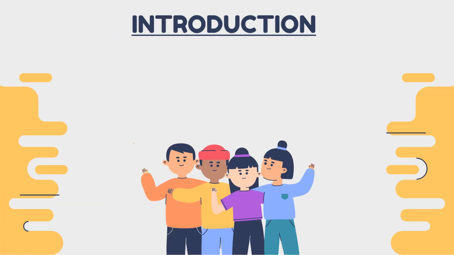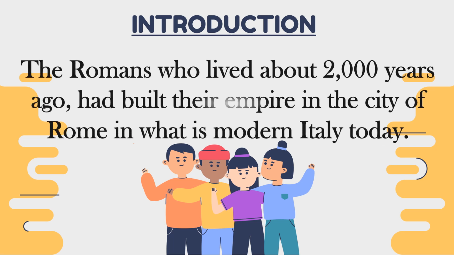Children, let us know more about Romans. The Romans, who lived about 2000 years ago, had built their empire in the city of Rome, in what is the modern Italy today.